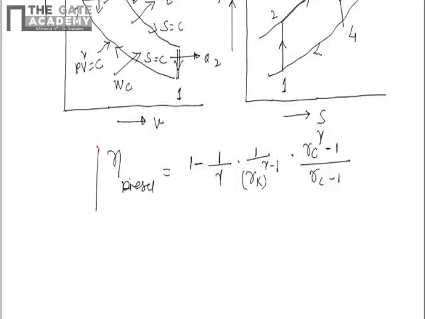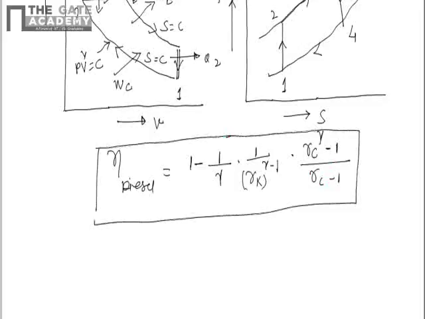So this is the formula for the efficiency of the diesel cycle. We already know the compression ratio, which was already discussed, Rk, and we have one more thing here, that is Rc.